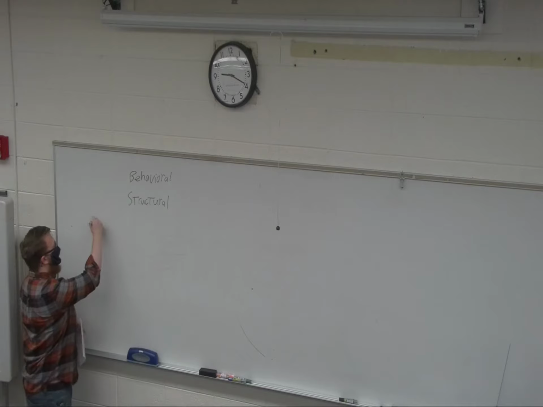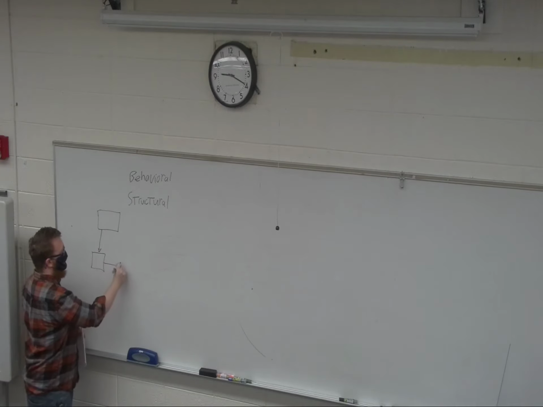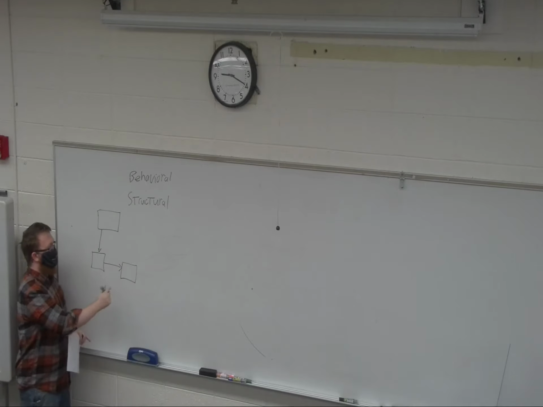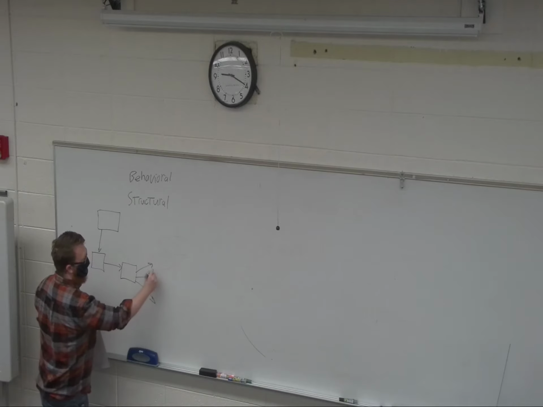So when we have a block diagram like this, they have some sort of control system going on with some outputs. These are just like LEDs or something, right? They're just lights.